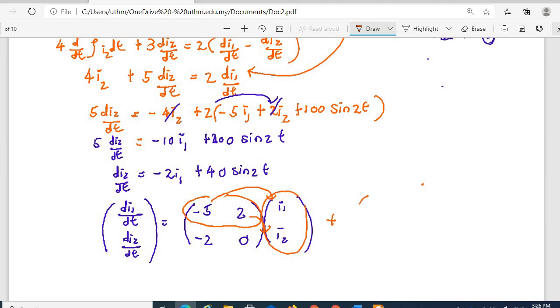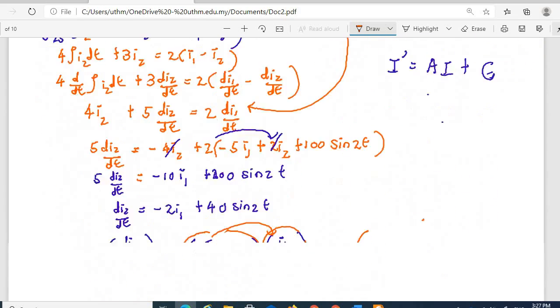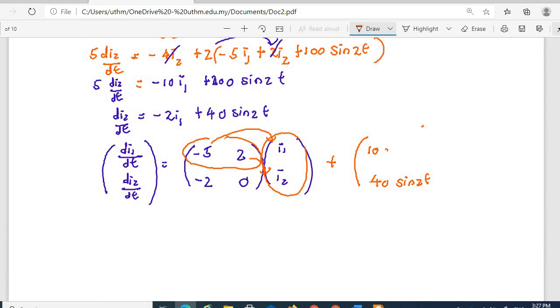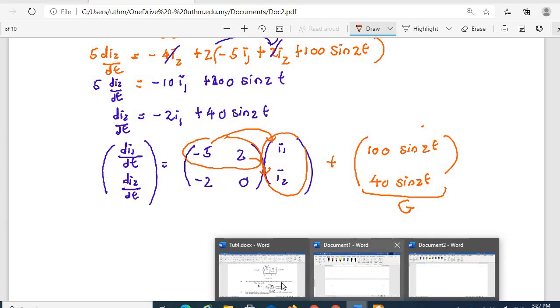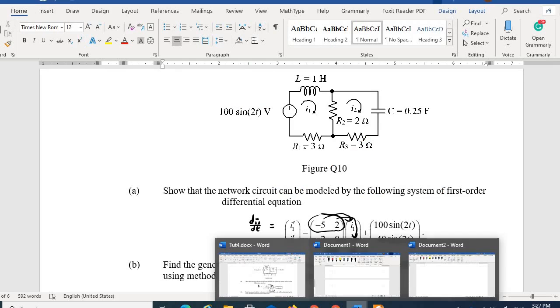And then we have the vector G. The second equation is 40 sin 2t, the first equation is 100 sin 2t. The presence of this vector G makes it a non-homogeneous system. So negative 5, 2, negative 2, 0, and G is 100 sin 2t, 40 sin 2t.